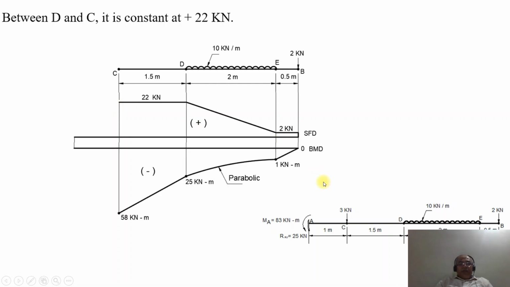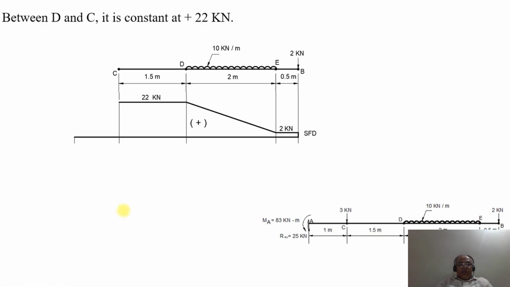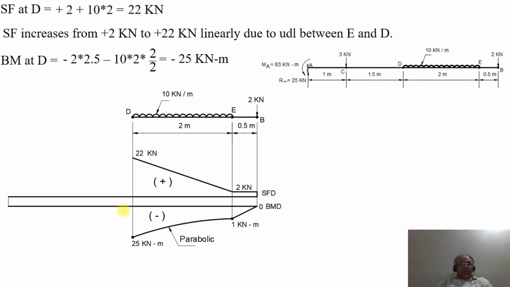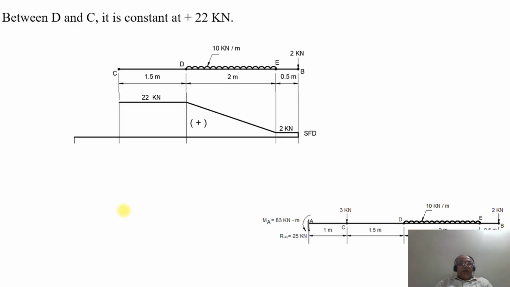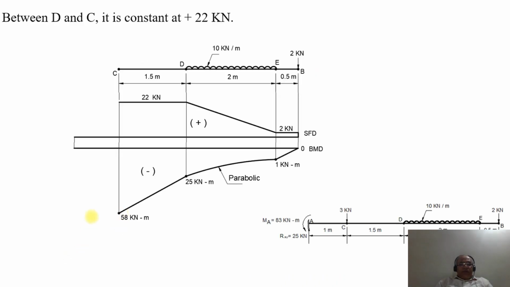Now what happens to the bending moment? So the bending moment remains the same as there is no other load. So from 25 kilonewton meter, we want to get to 58 kilonewton meter. So here the bending moment is 25 kilonewton meter. Now from here, we need to go to 58 kilonewton meter.